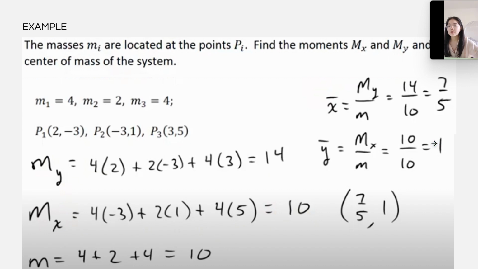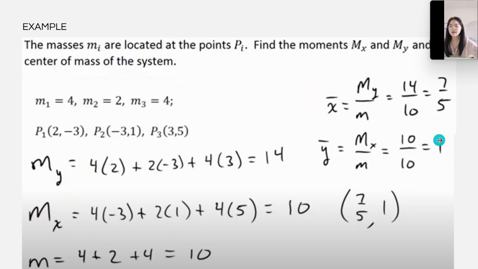And the total mass equals m1 plus m2 plus m3 equals 10. Then we can get x-bar equals the total moment along the y-axis divided by m equals 14 divided by 10 equals 7 divided by 5, and y-bar equals the total moment along the x-axis divided by m equals 1.